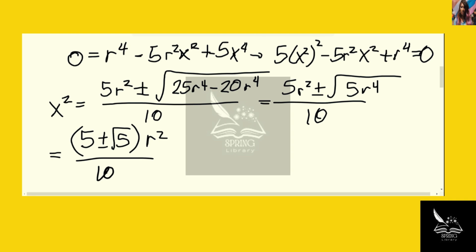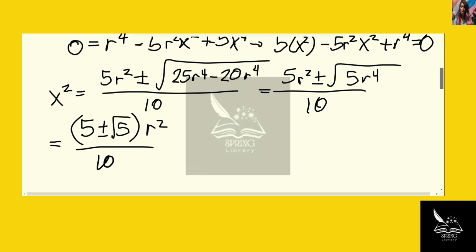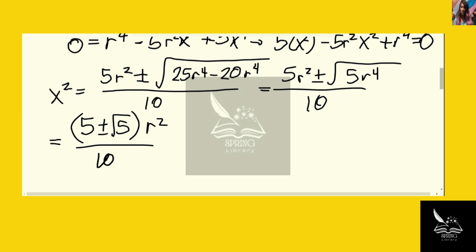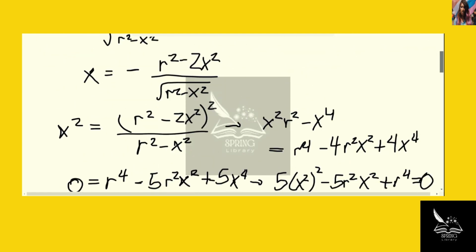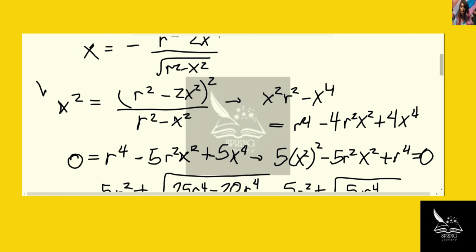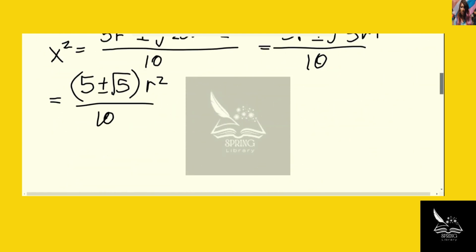However, we actually have an extraneous solution. If you try to plug in 5 minus root 5 over 10 for x squared into the original equation, it does not work. So we just have that x squared is equal to 5 plus the square root of 5 times r squared over 10.